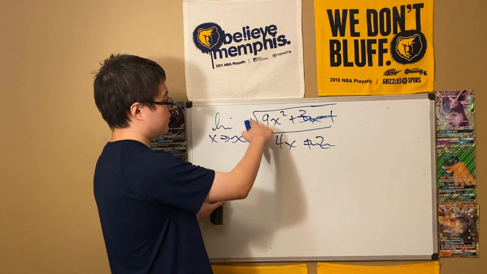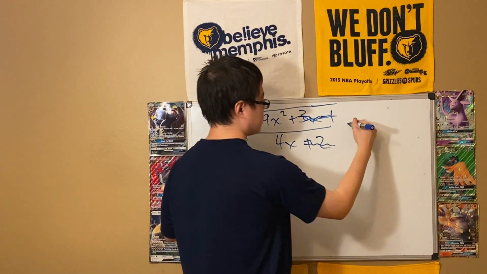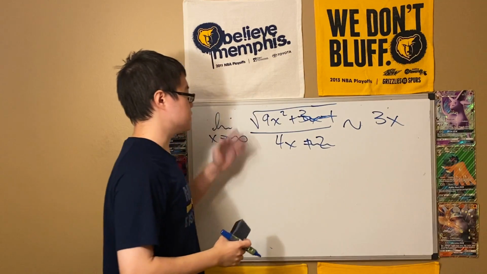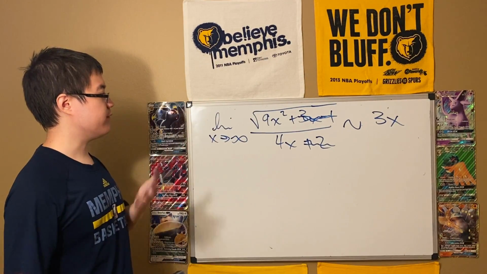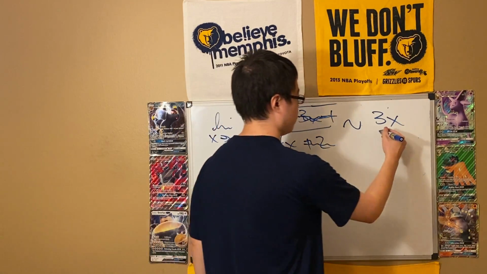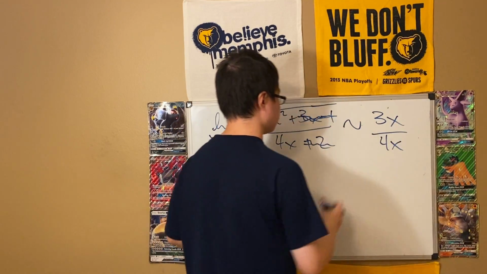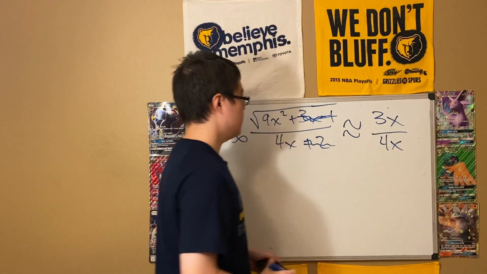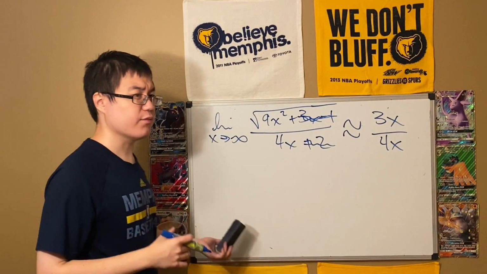So when we examine the square root of 9x squared, what is that very similar to? Well, that's just very similar to 3x, because the square root of 9 is 3, and the square root of x squared is x. Then on the bottom, it's going to be 4x. So this is not equal, but it's just an approximation, so we'll put an approximation. But notice, what do we have here?